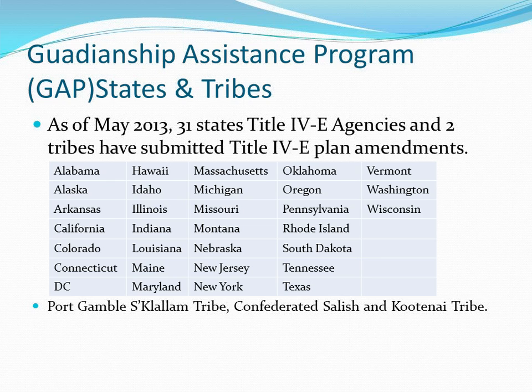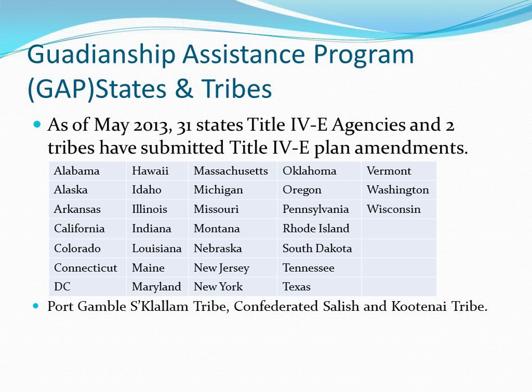There are other states that have state guardianship programs but have not yet got into the federal program. Certainly any state with a program that they're fully funding right now, it makes sense for them to move to the federal 4E GAP program.